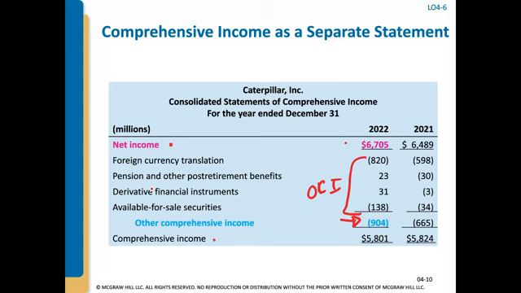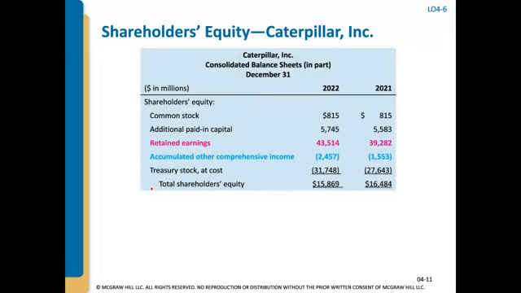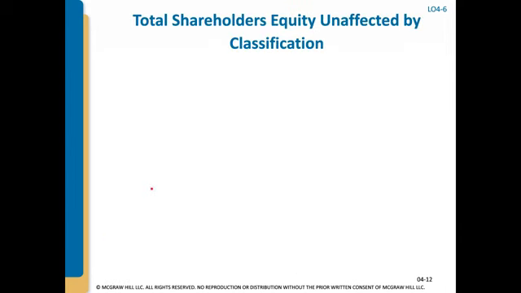Then we get total comprehensive income, which is the net income plus other comprehensive income. And again, you can see that the equity section is made up of the common stock, additional paid-in capital in this example, retained earnings, and accumulated other comprehensive income, some treasury stock, but it all goes into the total shareholders' equity reported on the balance sheet. And here's just that roll forward.